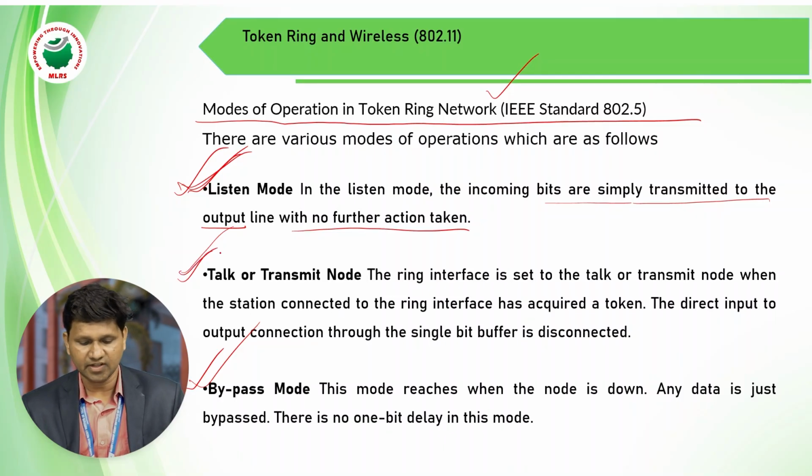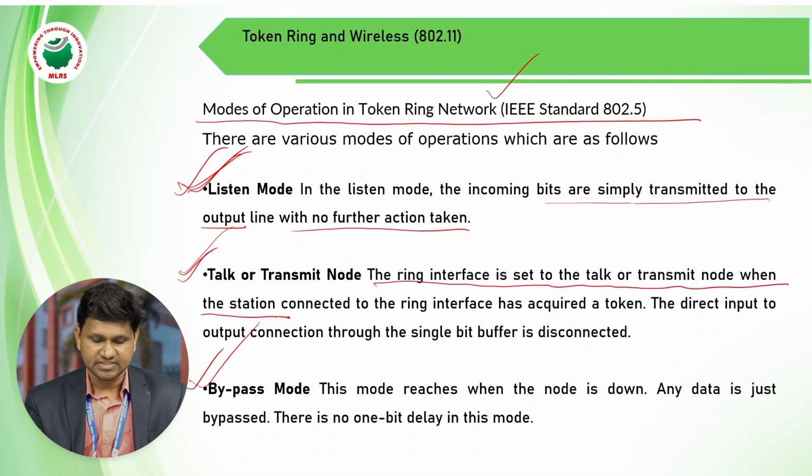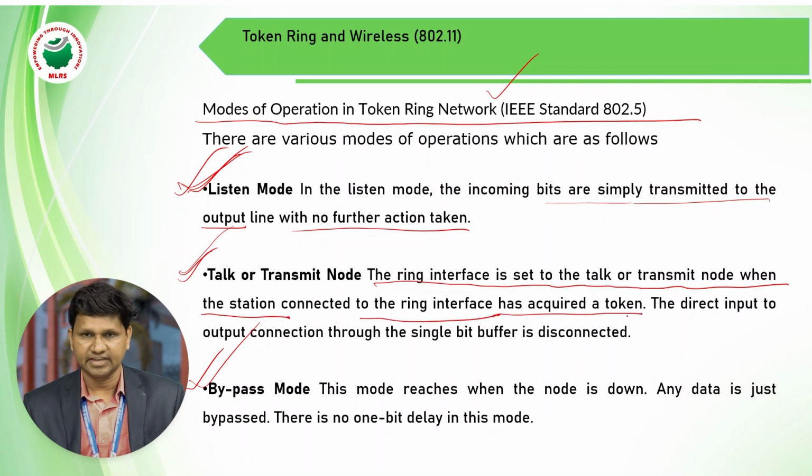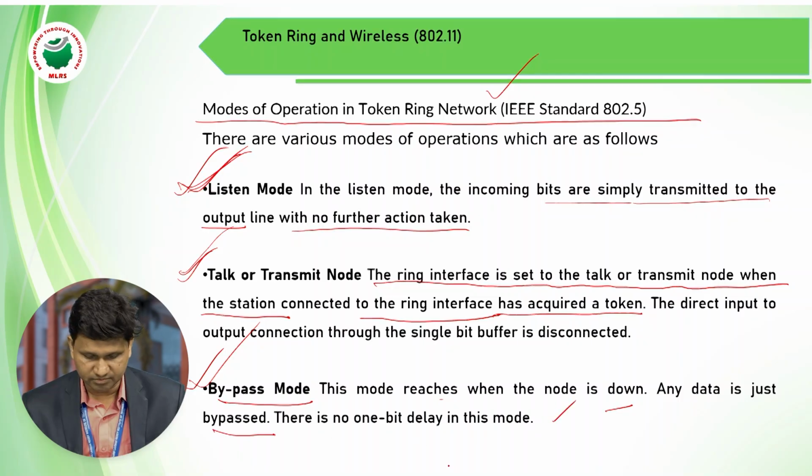In talk or transmit mode, the ring interface is set to transmit when the station connected to the ring interface has acquired a token. Bypass mode is reached when the node is down. Any data is just bypassed. There is no 1-bit delay in this mode.